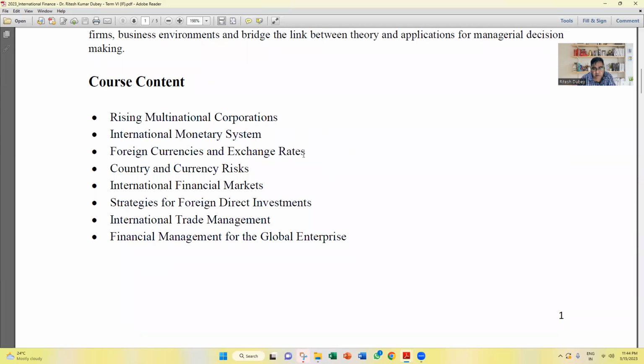So course coverage, if you look at it, highlights some of the important aspects of rising multinational corporations, right? How the international monetary system works, right? The foreign currencies and exchange rate fluctuations that we come across, how do we look at it, country and currency risk that we have, international financial markets that we are going to tap, right?